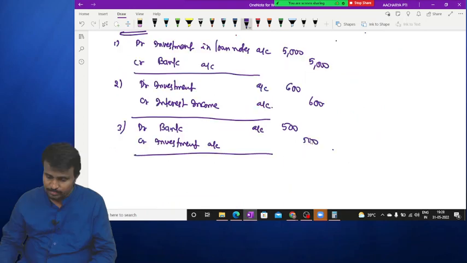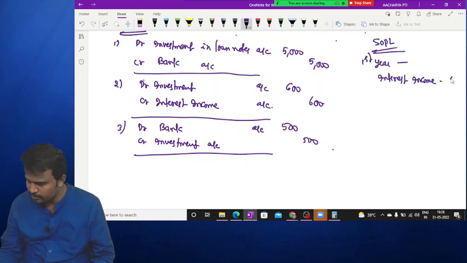In case of statement of profit and loss, for the first year, we have to show the interest income of 600, and in the second year, again we have to show the interest income.